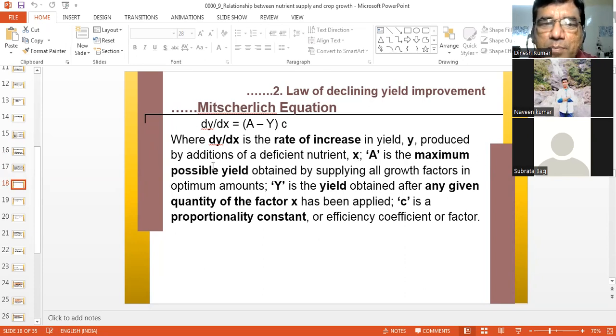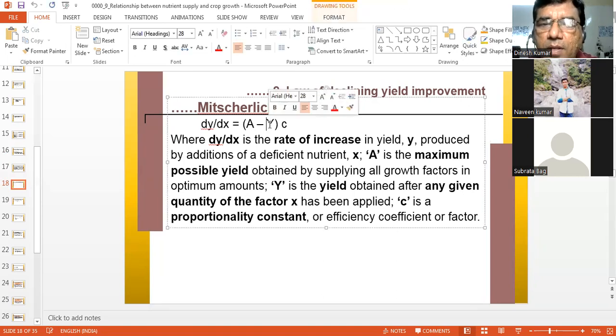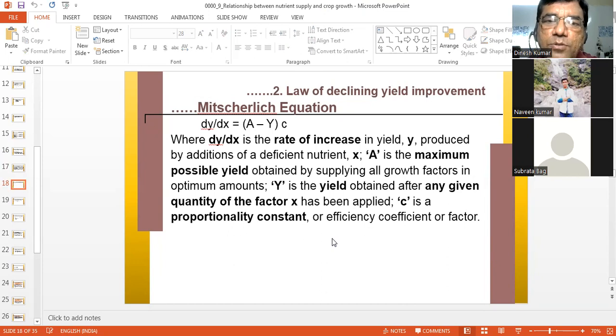A is the maximum possible yield obtained by supplying all growth factors in optimum amounts. Y, capital Y, is the yield obtained after any given quantity of the factor has been applied. And C is the proportionality constant, or efficiency coefficient or factor. So this is how the Mitscherlich equation is there.